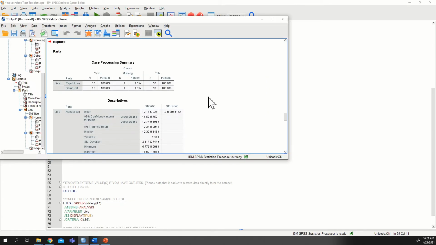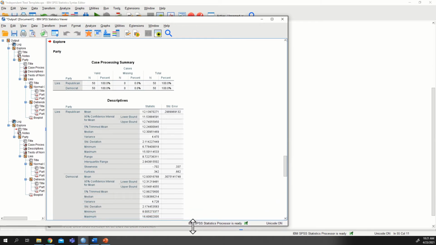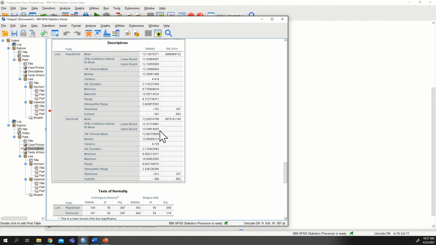Okay, so this is my output from the syntax, and the first thing we get are our 2 groups, Republicans and Democrats. We get the number of individuals per group. There are no missing values at all. And then we get a bunch of descriptive statistics.